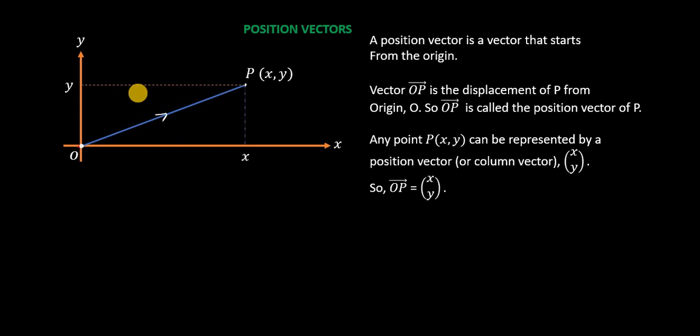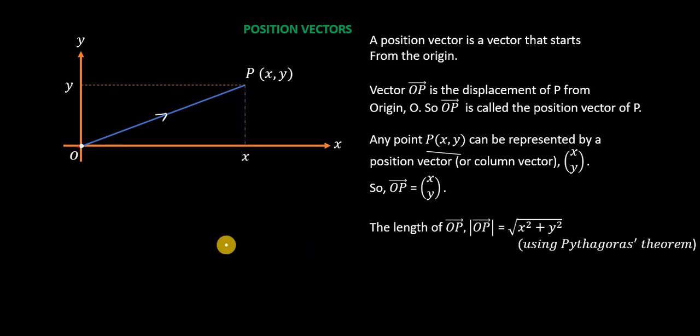And so again, any point in example P with coordinates x and y can be represented by a position vector or column vector. So position vector OP is equal to the column vector with components x and y. Notice that we have point P with coordinates x and y and position vector OP with the same values in x and y.